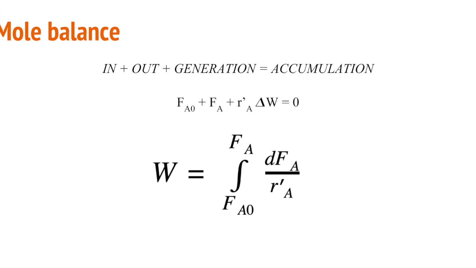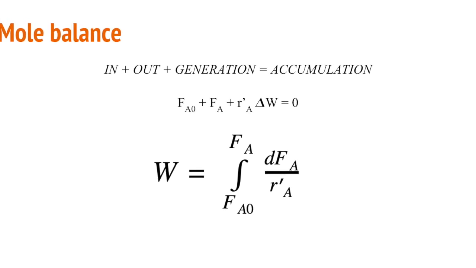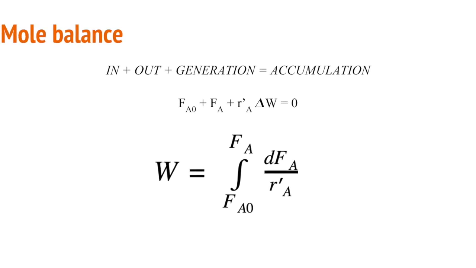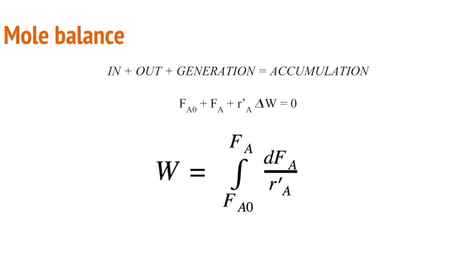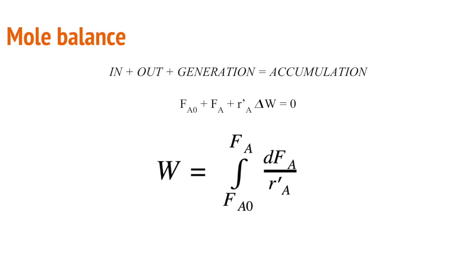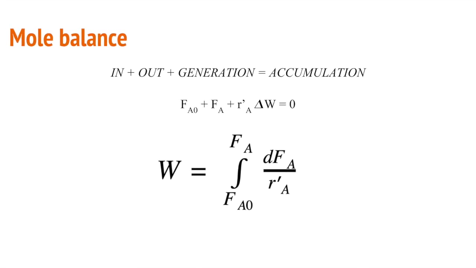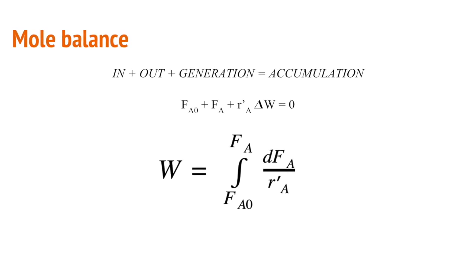Generation is the rate of generation of the product by chemical reaction within the system, and accumulation is the rate of accumulation of the product within the system. But in this case, we're talking about a continuous flow reactor, so we can assume the accumulation is equal to 0. That's why we cancel it from the equation.